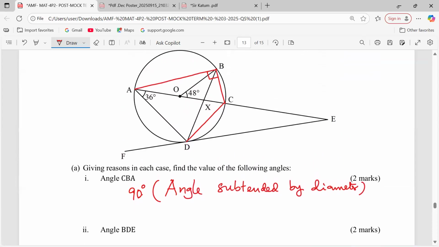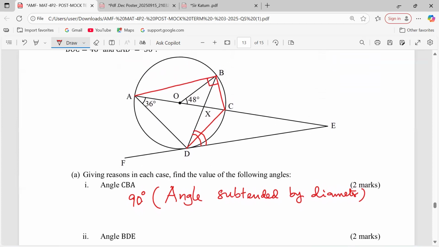BDE, it means the whole of these. Yeah, BDE, that is the angle. There, we shall move slowly. Remember, we are having 48 already, so we can get the other angle on this side by taking 180 minus 48. That gives us 132.